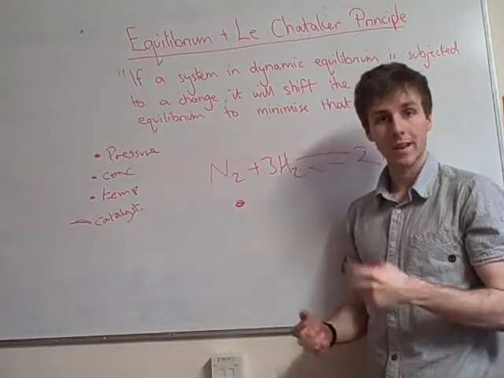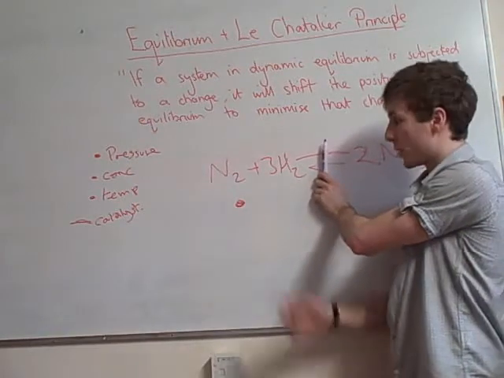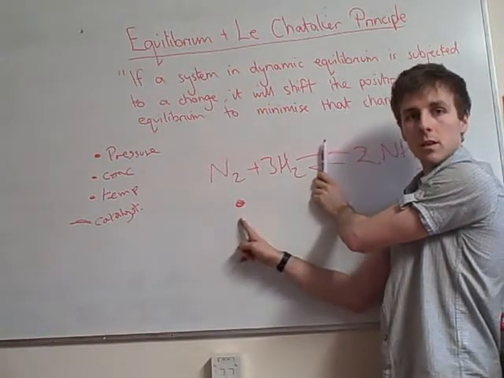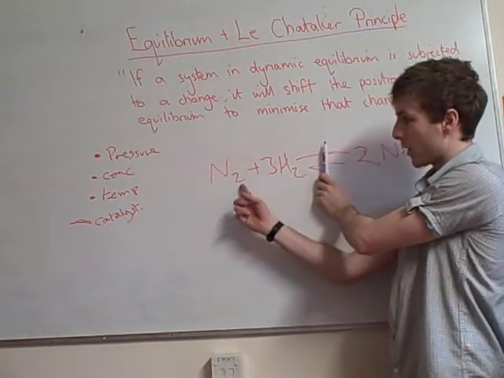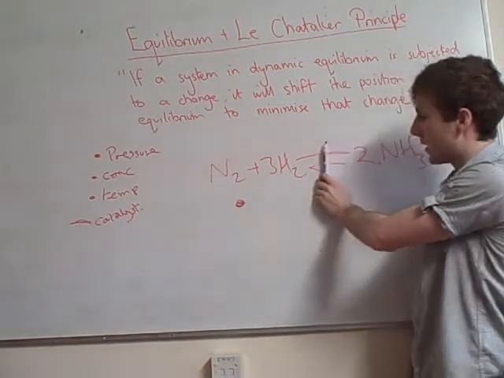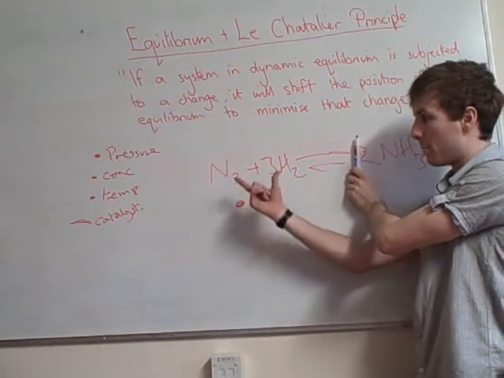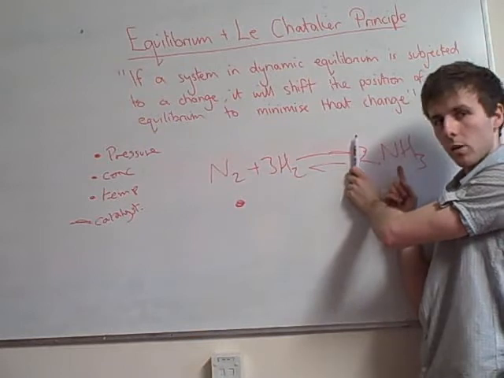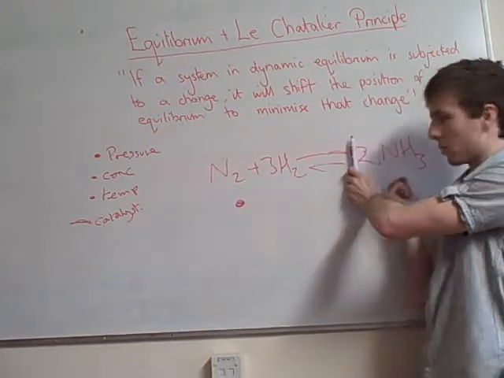My dynamic equilibrium will shift the position of equilibrium to reduce these concentrations, because it always tries to minimize the change you've made. So if I increase this side in concentration, the position of equilibrium will shift to this side. So I'll make more of these into that, which makes sense when you think about it. If I add more of that, of course it's going to make more of this.